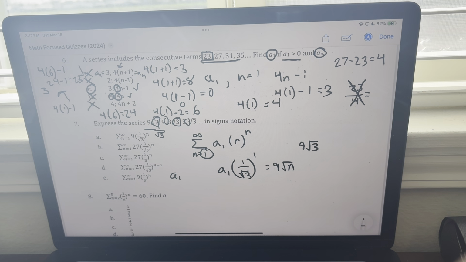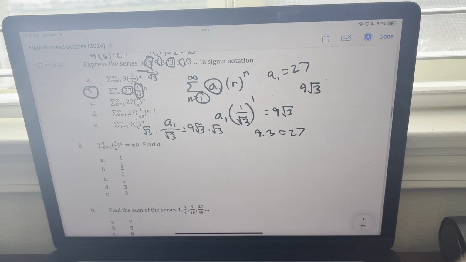Then we have a1 over square root 3 equals 9, I'm sorry, this was meant to be a 3, square root 3. So if we multiply on both sides the square root 3, then we get 9 times 3, which equals 27. So we know our a1 has to be 27. And if we look in these options, only one of these has a common ratio of 1 over square root 3 and an a1 of 27. And it is indeed B.